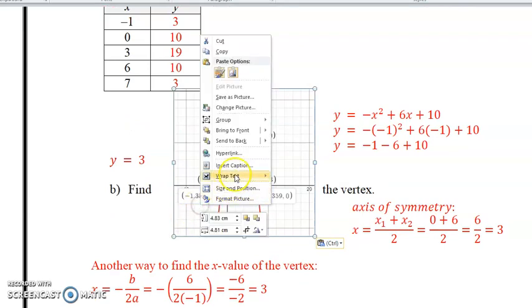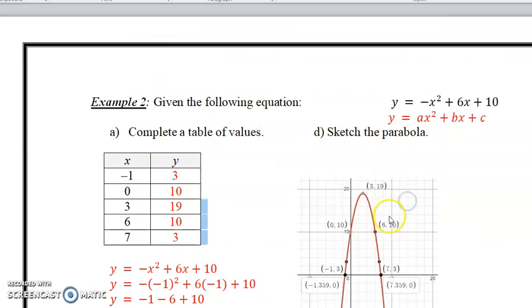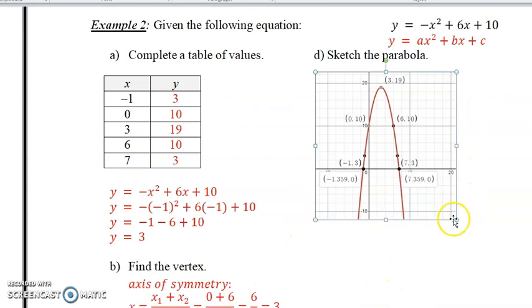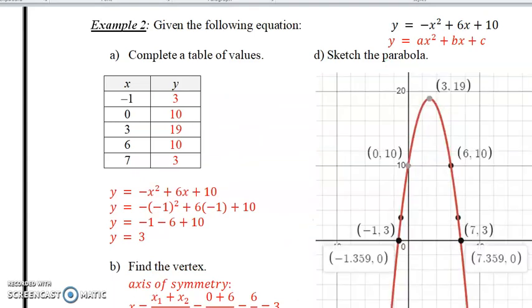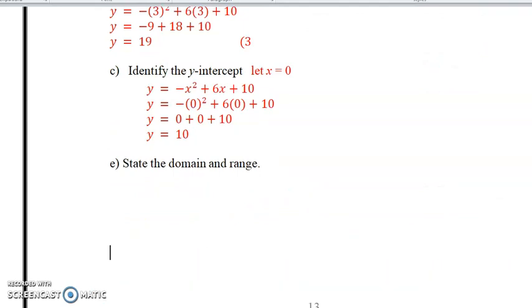Sometimes these graphs are a little tricky, but if you put it behind text, it's usually pretty good. We got the graph sketched here, which is big enough. Perfect. And the last thing we have to do is domain and range.